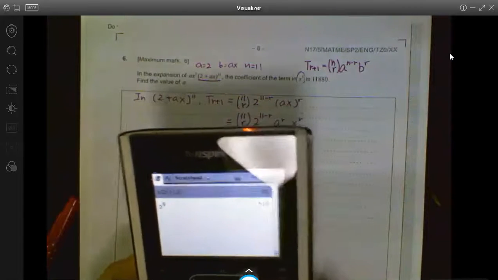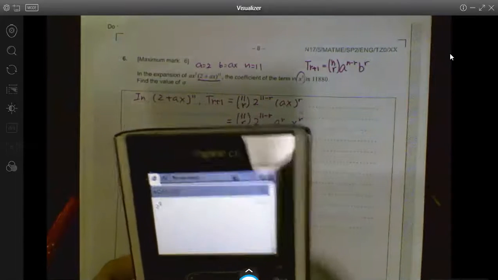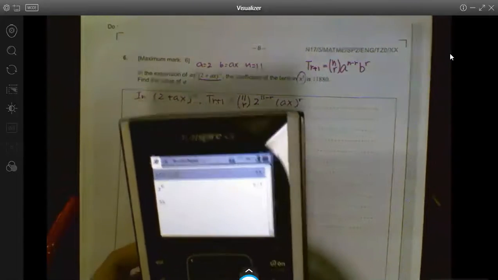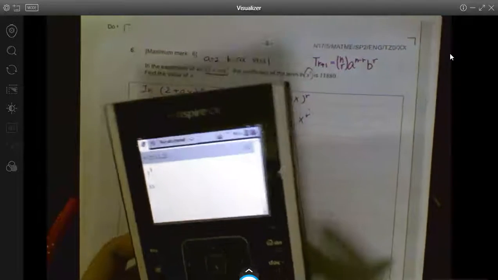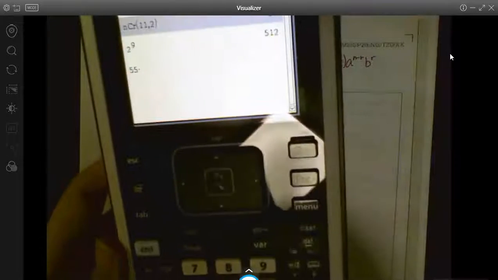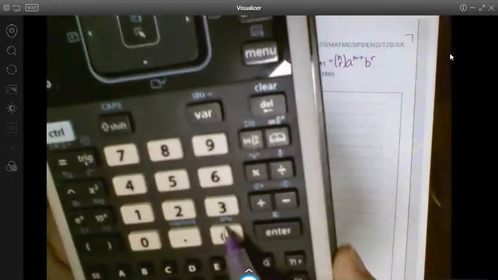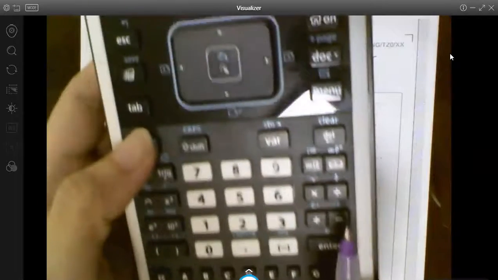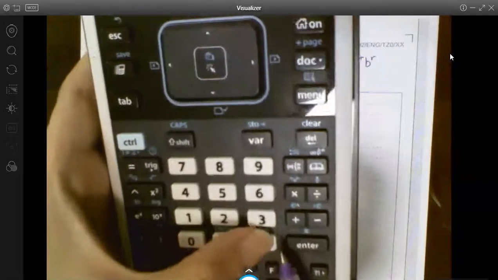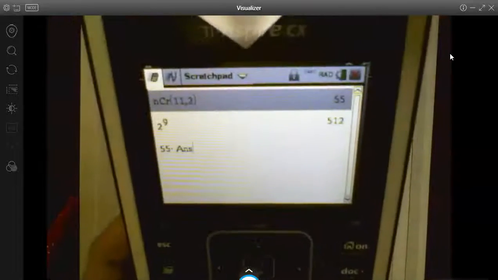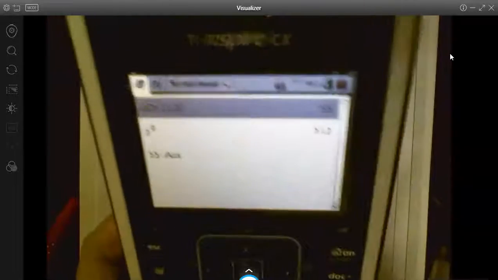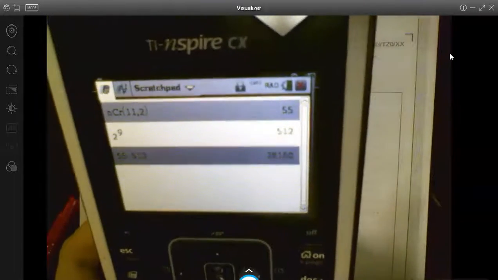And now we want 512 to multiply with 55. So I can write 55 times. Now you'll be good if you can use the answer button here, which you need control and this button. And you'll see on your screen it says answer, right? 28160.